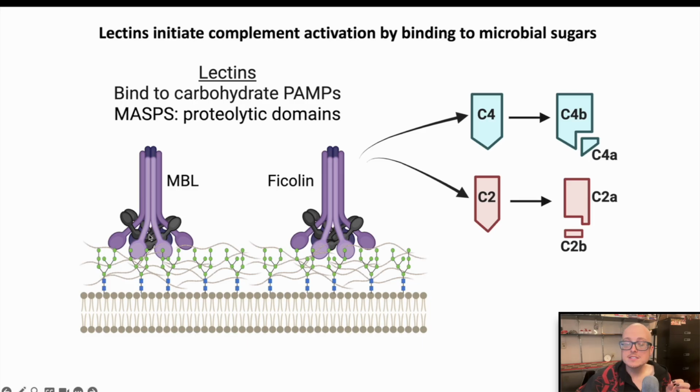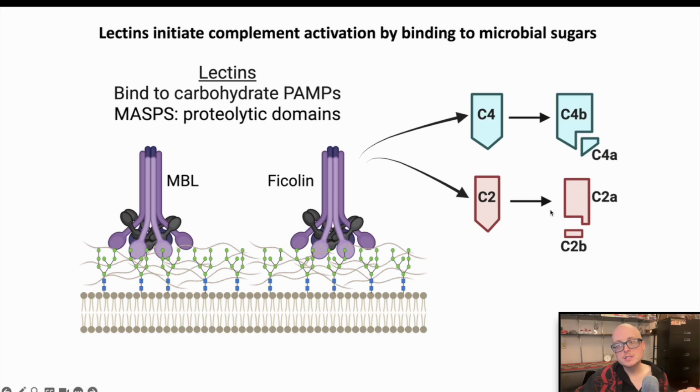A key difference, though, is that MBL and ficolin as lectins also have proteolytic domains, but we refer to these as MASPs, M-A-S-P-S. And so the MASP domains of these lectin molecules are directly analogous to C1r and C1s that were found on the molecule C1. And they have exactly the same substrates, C4 and C2. So when C4 interacts with MBL or ficolin, it is cleaved by those MASP domains, again, into C4a and C4b.